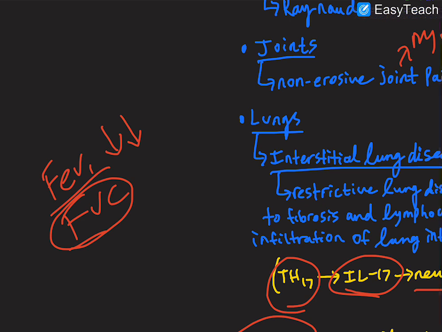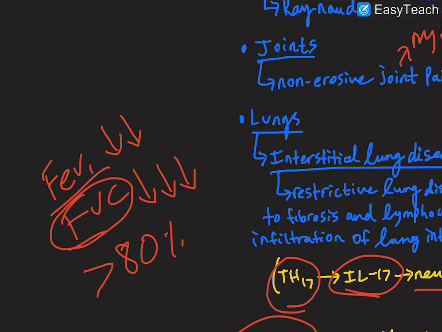So that means your FVC would also be low. But it turns out in restrictive lung disease, your FVC is lower than your FEV1. And the lower the denominator is, the higher the overall value of the ratio is. That's why we see in restrictive lung disease, the FEV1 over FVC ratio is greater than 80%.